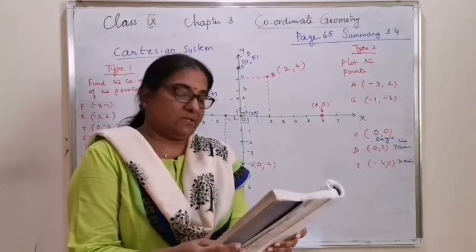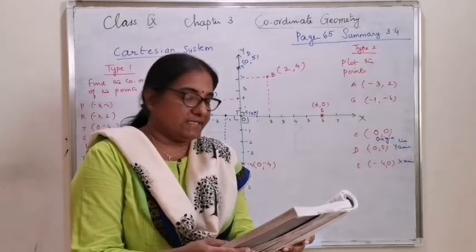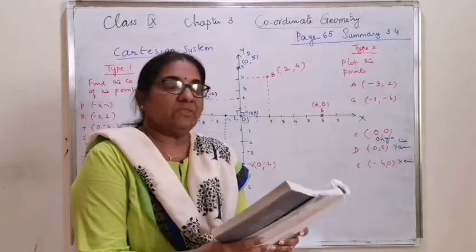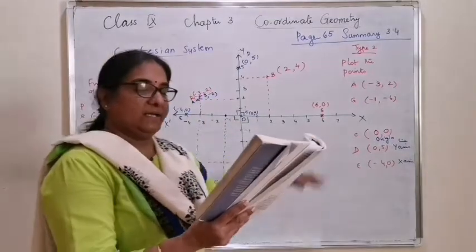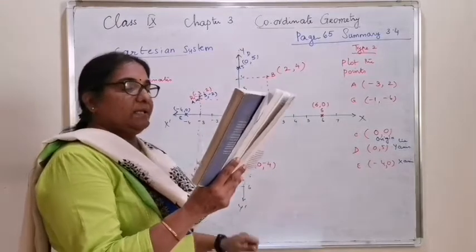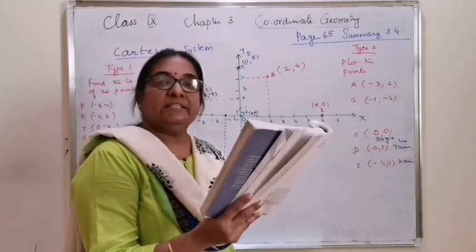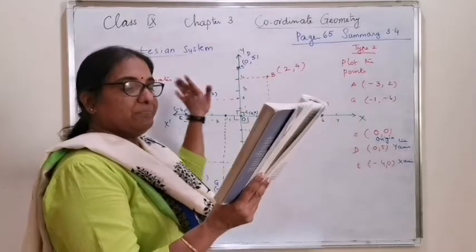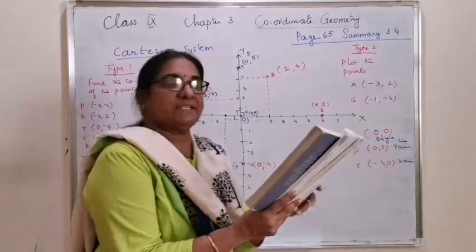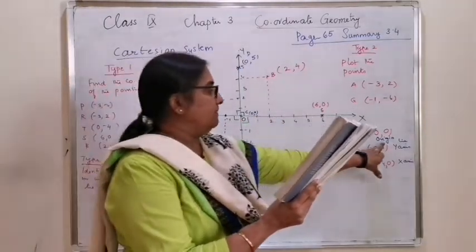The plane is called the Cartesian or coordinate plane, and the lines are called the coordinate axes. Point 3: the horizontal line is called the x-axis and the vertical line is called the y-axis. The coordinate axes divide the plane into 4 parts called the quadrants. The point of intersection of the axes is called the origin.